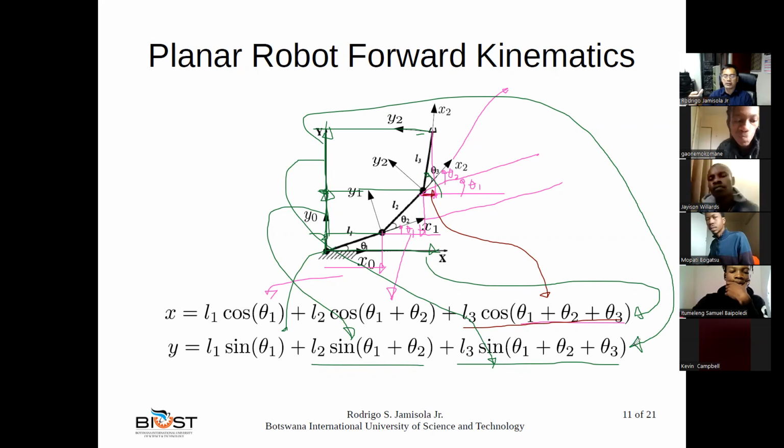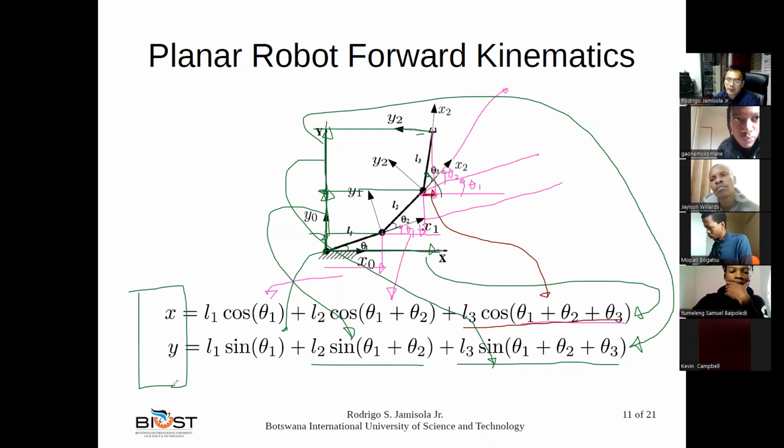The same thing in the 3D space. The signs of the angles will change accordingly depending on where you are located with respect to the zero of the joint angle. Going in the clockwise direction, it will be positive, and going in the counterclockwise direction, it will be negative. Again, I want to emphasize that this is forward kinematics: you input the joints, you output the hand coordinates.